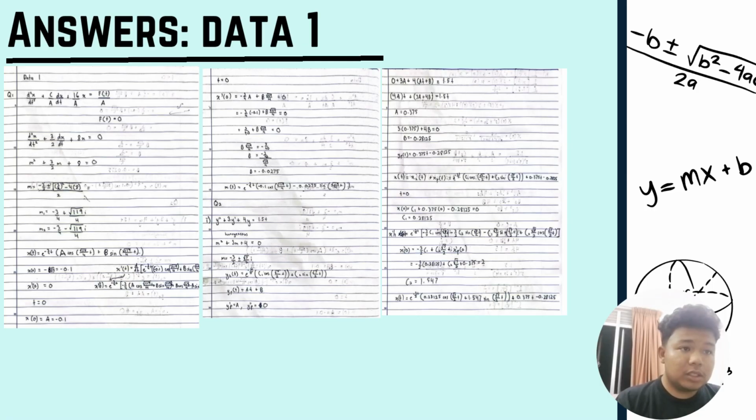For y, we need to add yh and y particular, which is equal to e to the negative 3 over 2 t, c1 cos square root of 7 over 2 t plus c2 sin square root 7 over 2 t, plus 0.375t minus 0.28125.